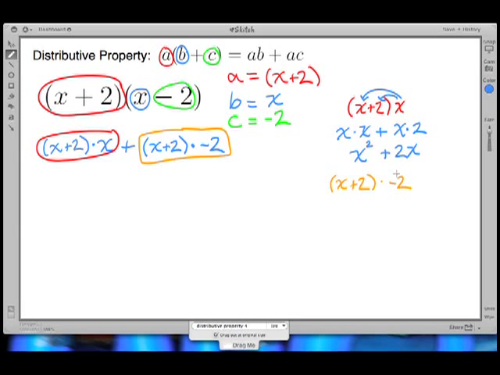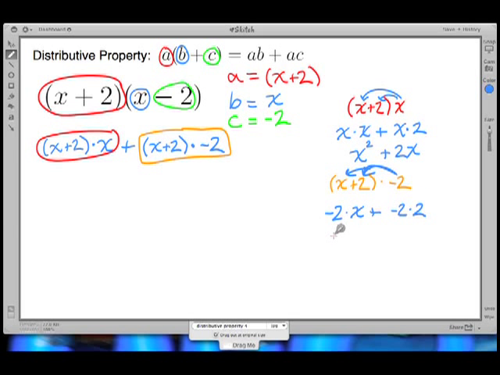We multiply the negative 2 times the x first, and then the negative 2 times the positive 2. Distributive property. Negative 2 times x plus negative 2 times 2.